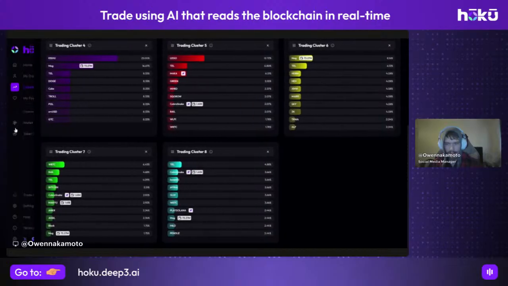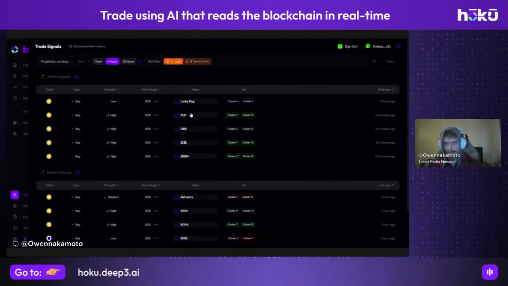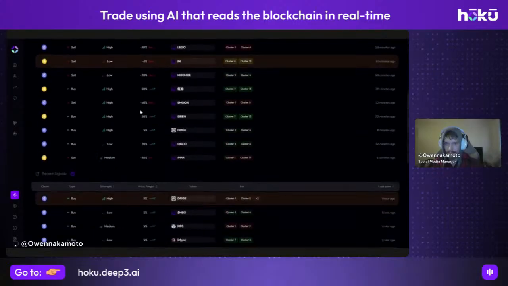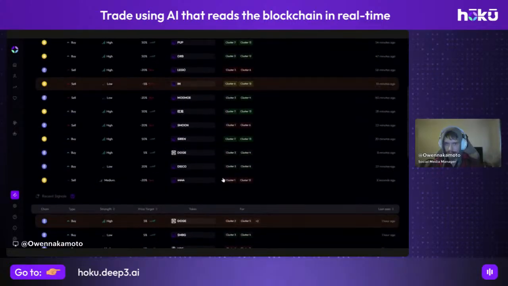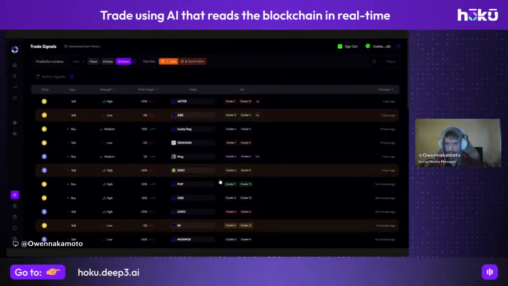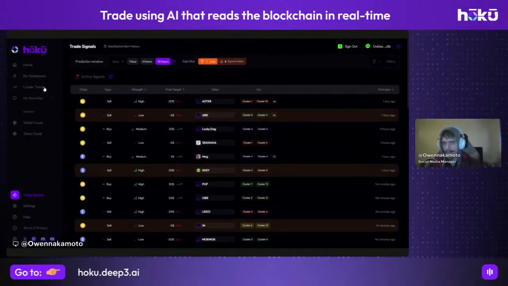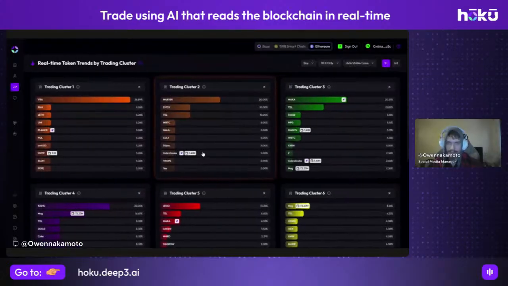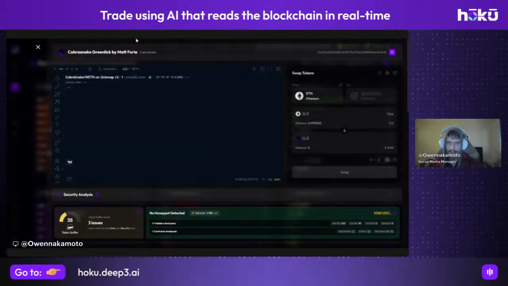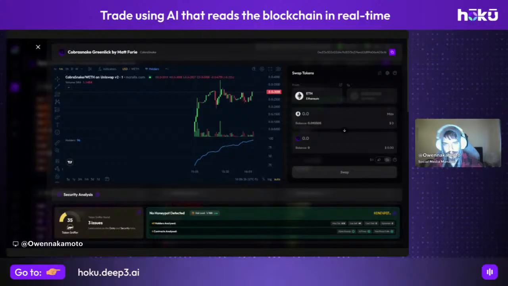Cobra Snake's not trending on cluster 7 now, but what's the trade signal saying? Not yet. Not yet, Cobra Snake. But it is going back up. My bag is up over 20% instantly.